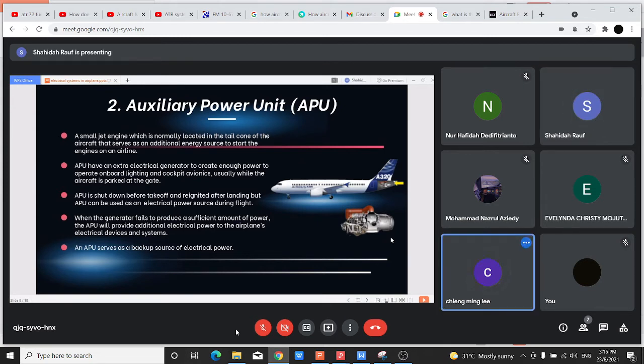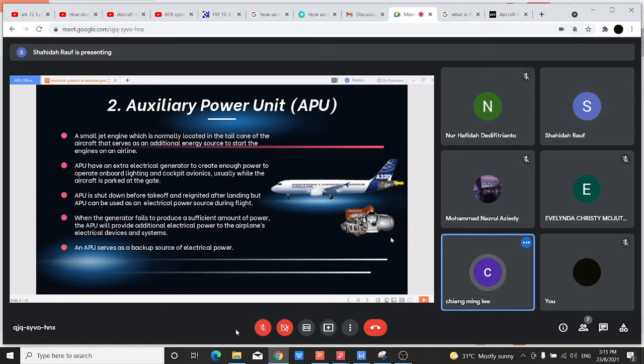On the ground, you go to the aircraft, you switch on the battery switch. Then you connect your ground power and select the ground power switch, so the battery won't be used.